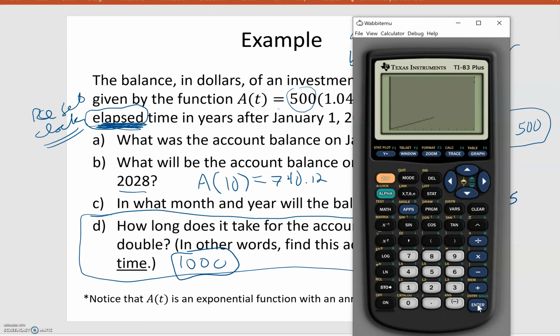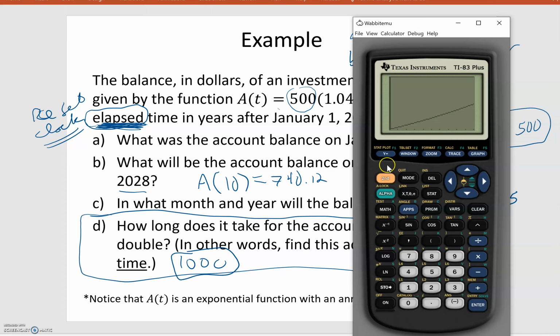And as this is taking its sweet time to graph, I guess I should also mention that I didn't really do this the right way. I should have looked at my X max as well, and you see now I'm paying the price for that because it actually drew the 1,000 line at the very top of the screen.